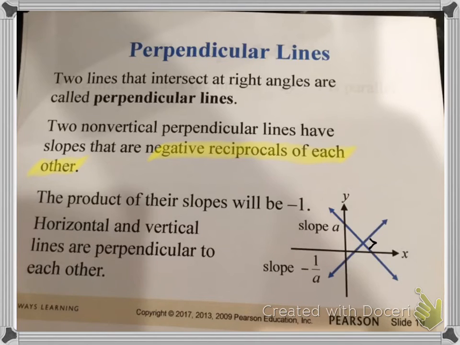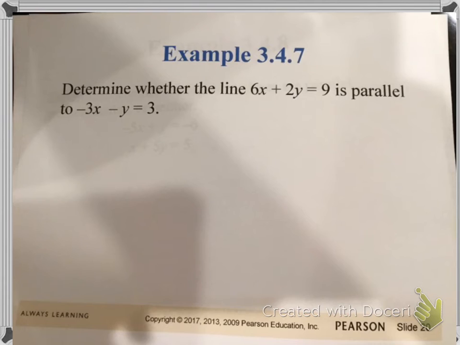Negative means opposite sign, and reciprocal means to flip the values over. And if you want to double check if you have the right slopes, you can take the product of the two slopes and it always will be -1. So this is kind of the check to make sure you have the right ones. As we can see in the picture, the slope of the first line is a and the slope of the second line is -1 over a.